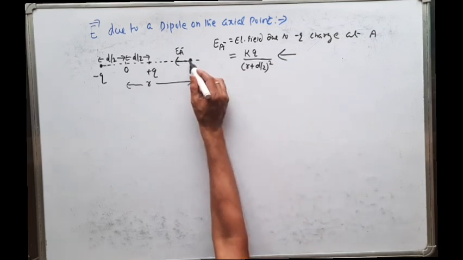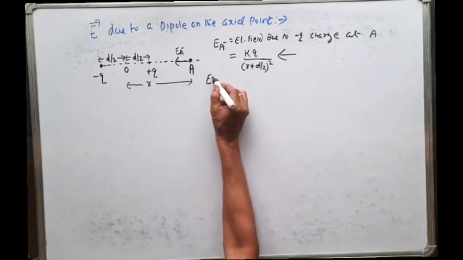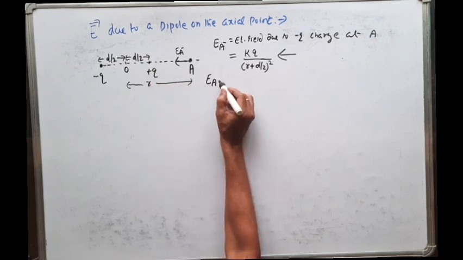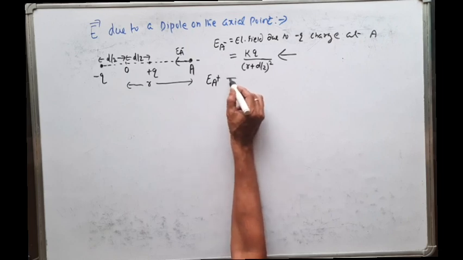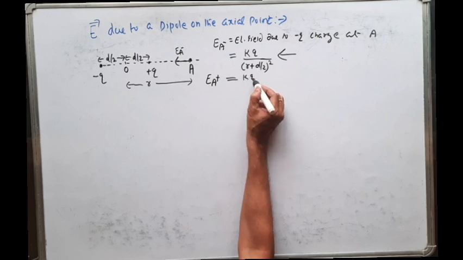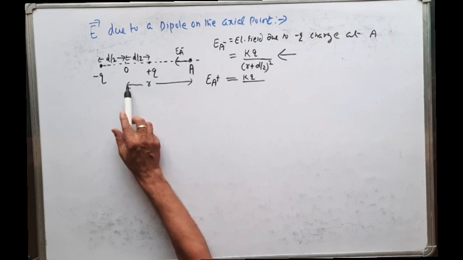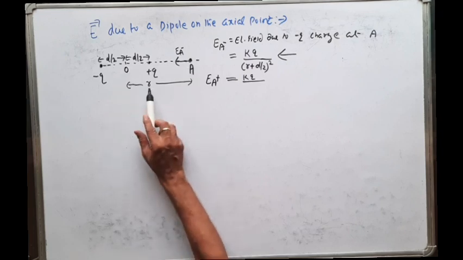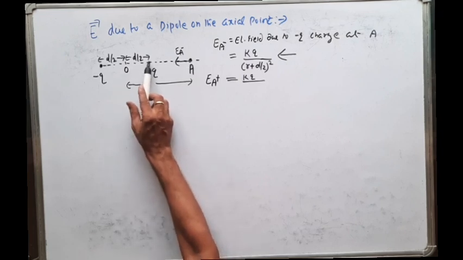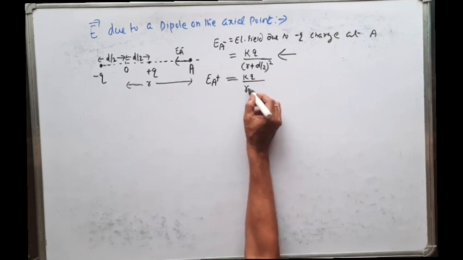Similarly, find the electric field intensity at A due to the plus Q charge. Here the charge value is Q, so it is KQ divided by the distance between this point and A. The total distance from O to A is r, so from r you subtract d by 2, and you get the distance r minus d by 2, whole square.